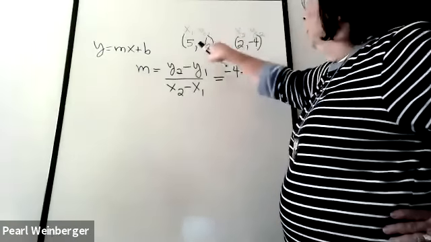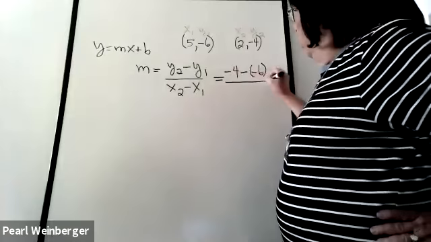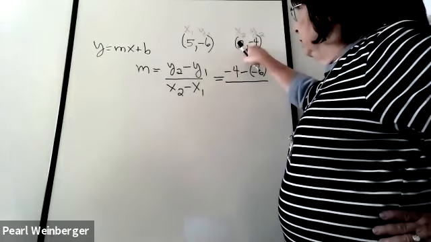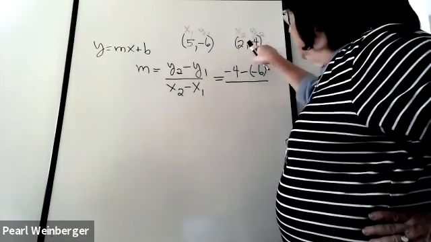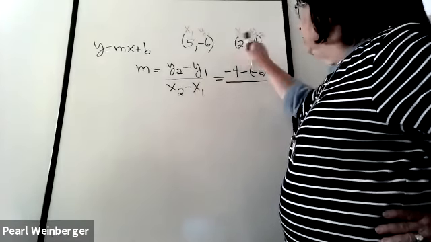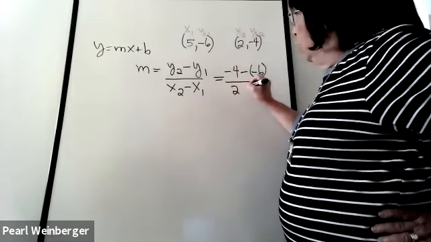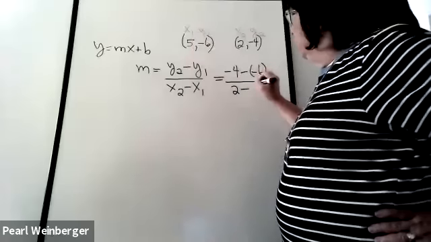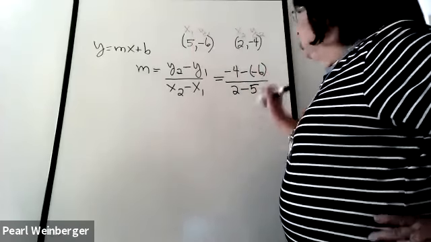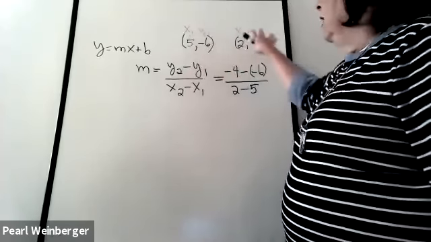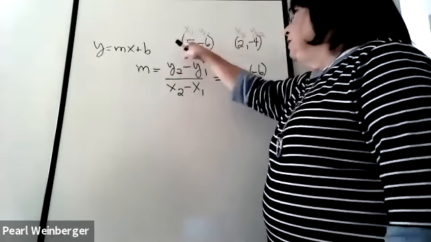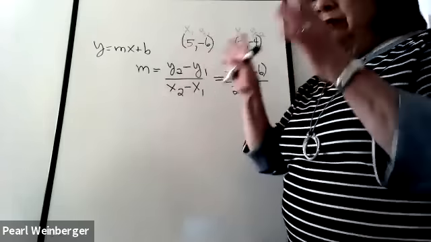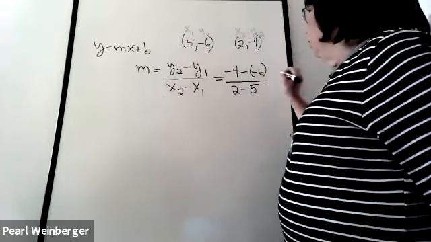Is y2 minus y1 over x2. Remember, always do them in the correct order. The x2 is connected to the y2. So x2 would be 2 minus x1, which is 5. Make sure, I always like to write this out so I don't mix up the x's, I don't mix up the y's, and I have everything in order.